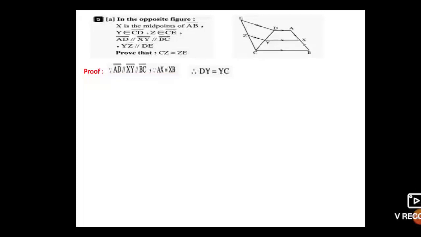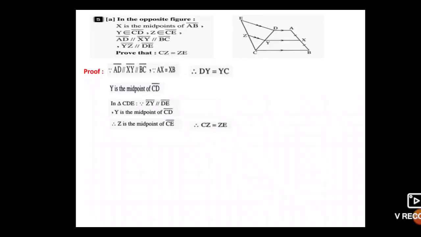Now, in triangle CDE, YZ is parallel to DE, and Y is the midpoint of CD. Now you can say Z is the midpoint of CE. Now the required: CZ equals ZE. The next.